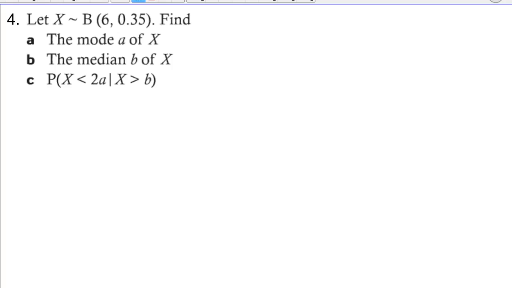All right, number 4. So x follows binomial distribution with parameters 6 and 0.35. Find A, the mod of x, and then B, the median of x. So basically, A is the mod of x, B is the median of x. Let's find them. I'll use the calculator again.